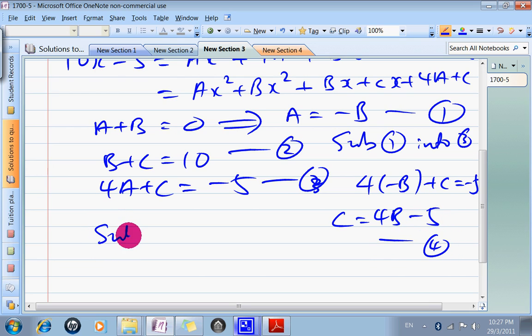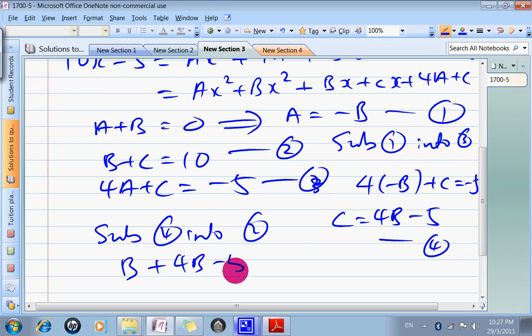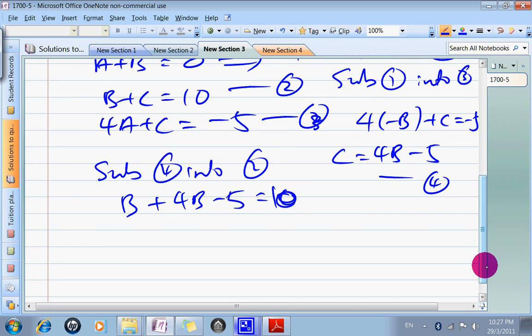Sub 4 into 2. That will give me b plus 4b minus 5 equals 10. Okay. So that will give me 5b equals 15, b equals 3.